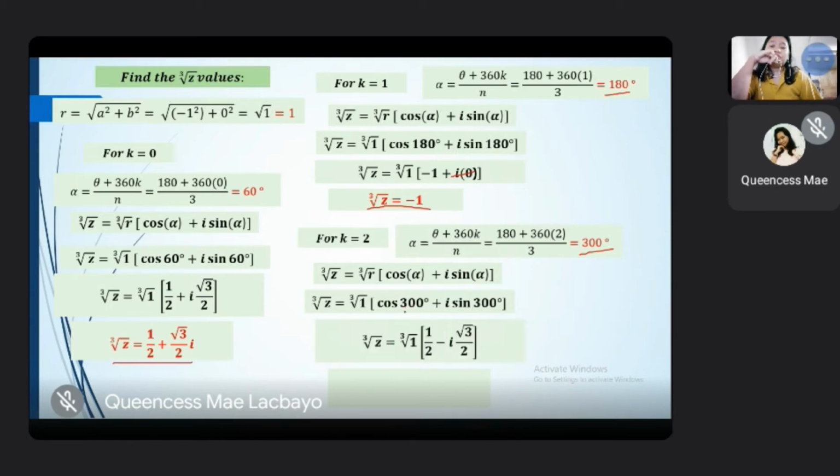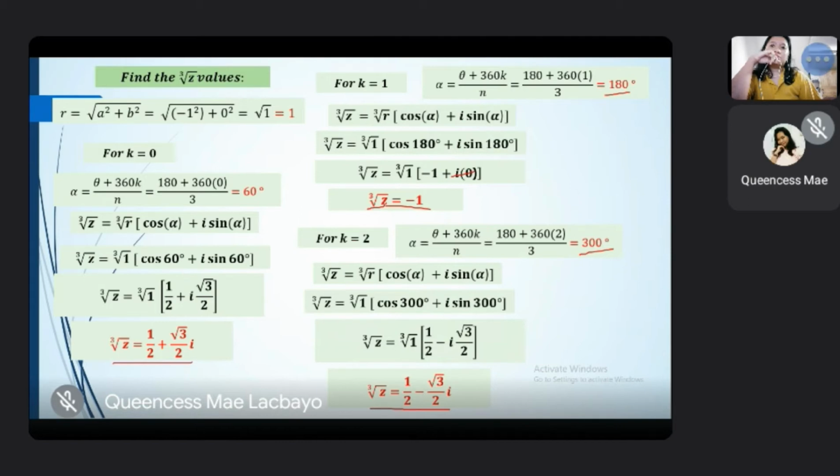Cosine 300 is 1 half, and sine 300 is negative square root of 3 over 2. So, distribute: 1 times 1 half is 1 half, then negative square root of 3 over 2 times i. So, this is the answer for k equals 2.